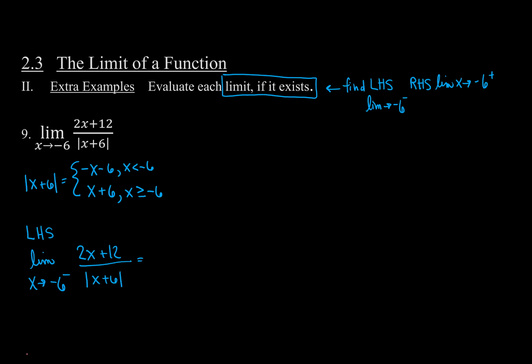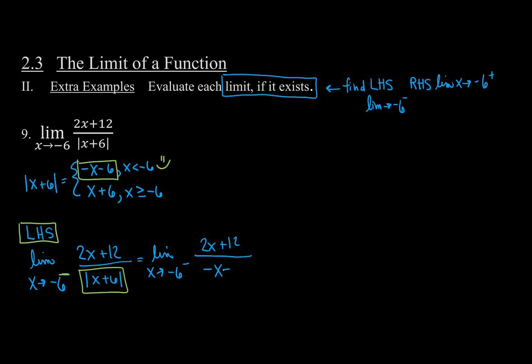But since this is the left-hand limit as I'm approaching from the left side, I am going to use this definition for the absolute value. Let's make that substitution. So limit as x approaches -6 from the left of 2x plus 12 divided by -x minus 6. All right, well, let's simplify.